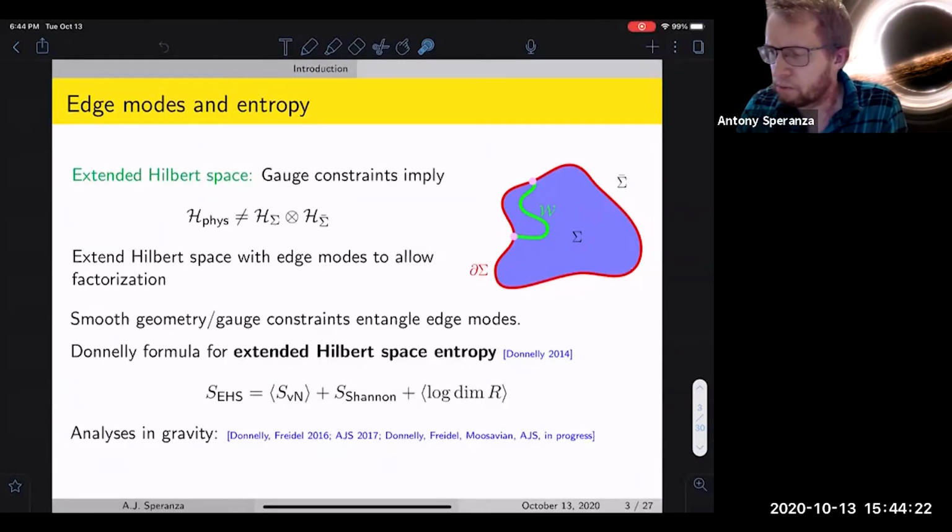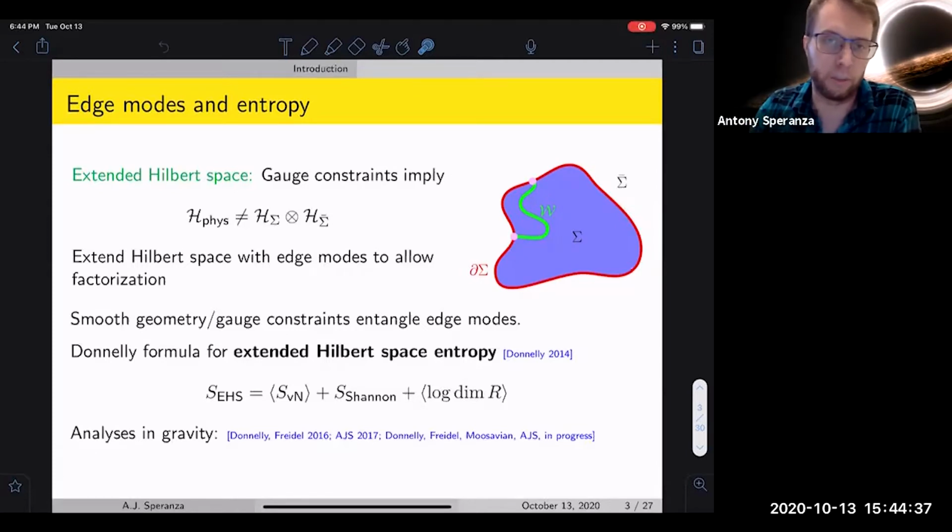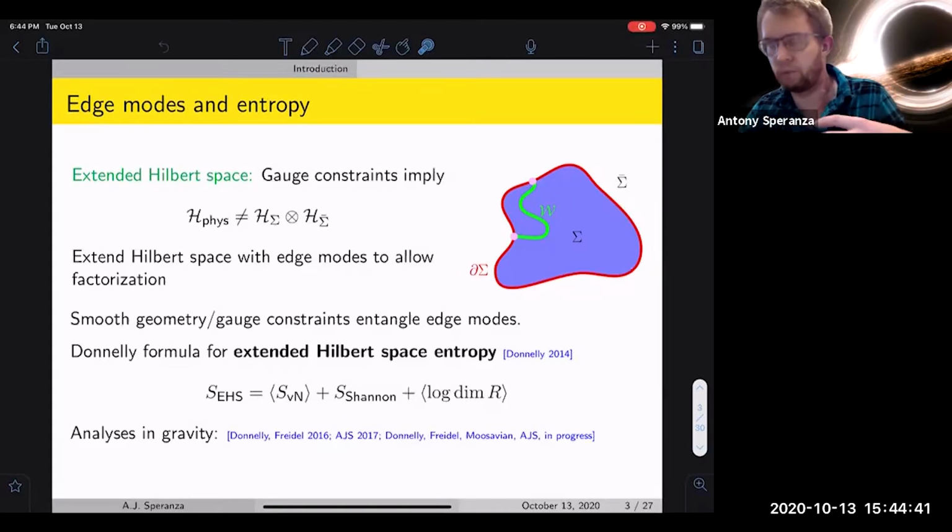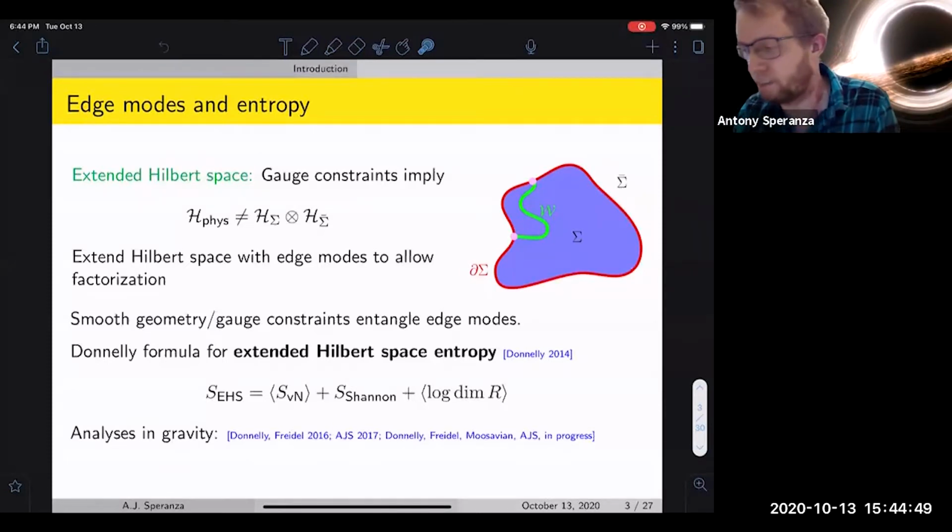And so the idea of the extended Hilbert space is you introduce edge degrees of freedom. Here I've shown these as these pink little dots, which you can think of as little charges on the end of the Wilson line. You introduce these extra degrees of freedom in order to force the Hilbert space to factorize. Then you want to embed the physical Hilbert space inside this bigger extended Hilbert space, which does factorize, and then ask about entropy.